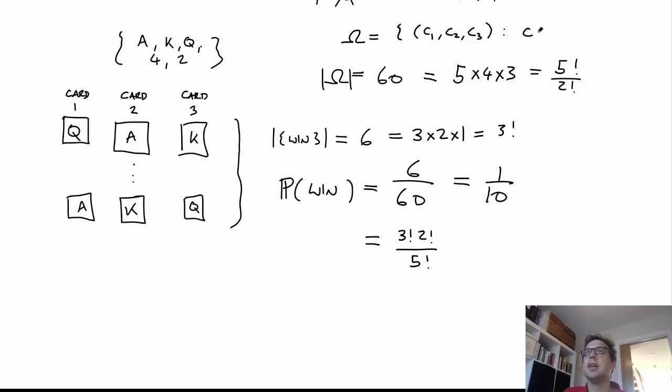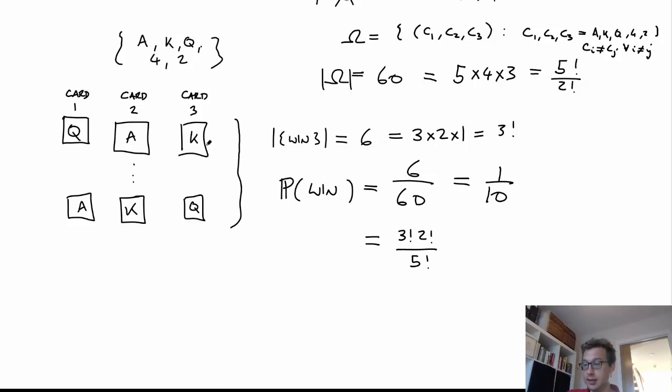Each card must belong to the set ace, king, queen, 4, 2, and obviously no two of these cards are equal. Let's not worry too much about the exact way to write out this set.